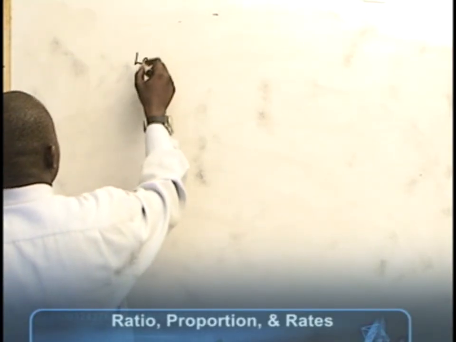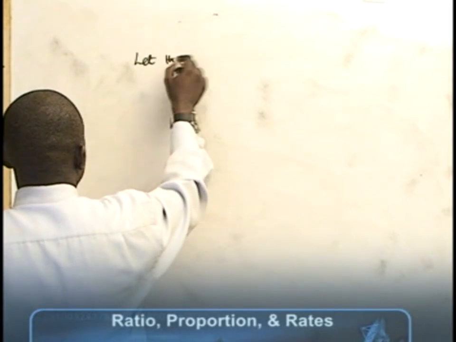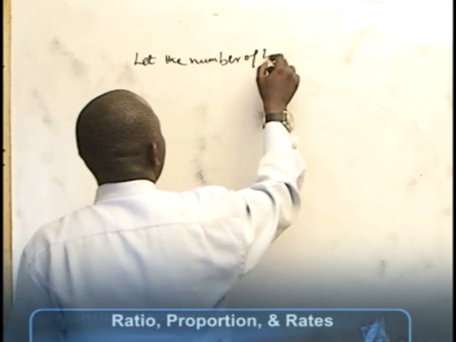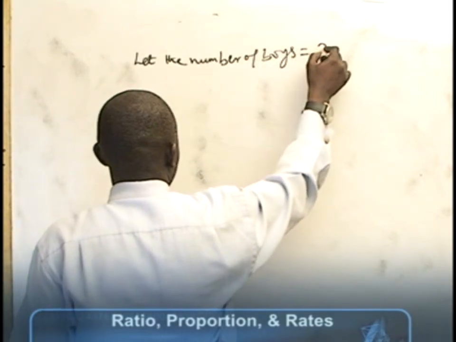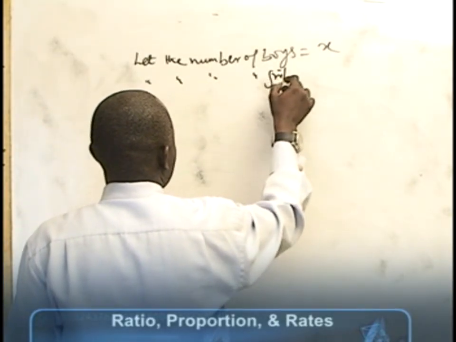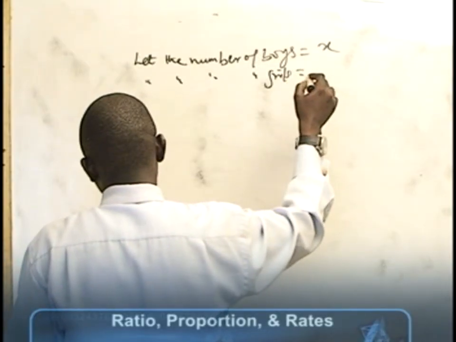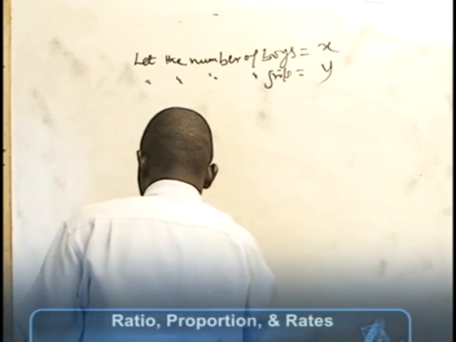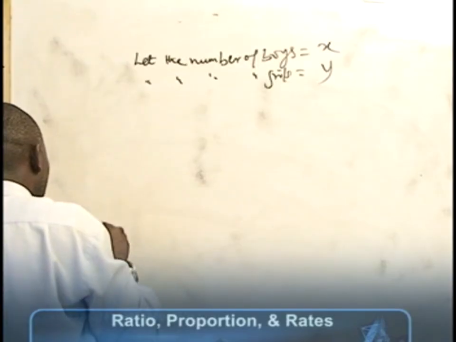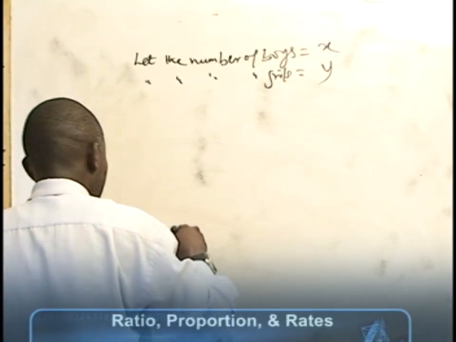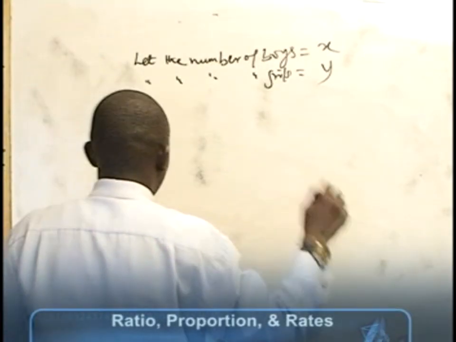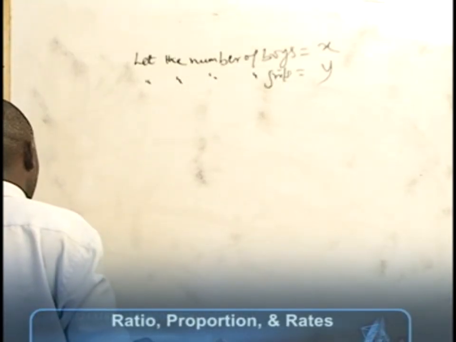Let the number of boys equal X. Number of girls equals Y. And we're told that the number of girls exceeds, in other words, is more than that of the boys by 15%.